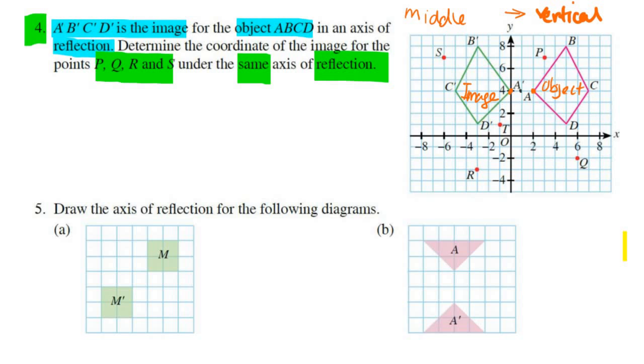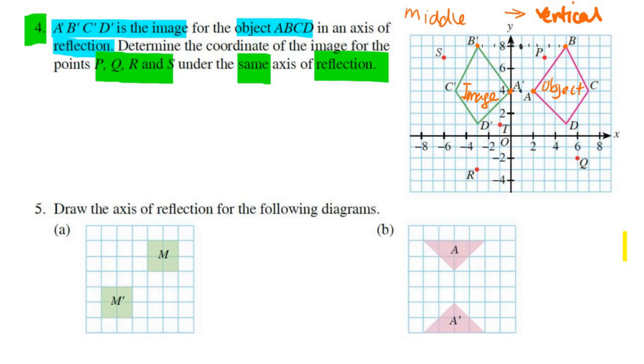Now I choose point B, so B object and B image. The midpoint for these 2 points is here, because in total they have 8 units between them if you count properly: 1, 2, 3, 4, 5, 6, 7, 8. Left and right we have 4 units, so this is the midpoint.